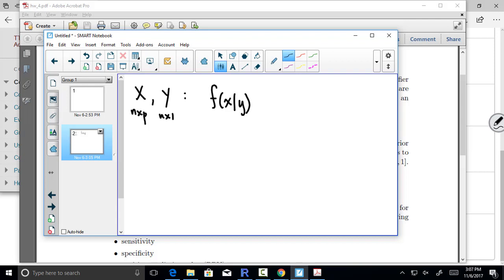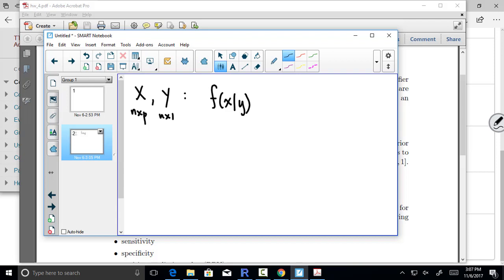Then we might say that we think for obese people, the distribution of BMI is such and such, normal, centered at a particular place with a particular standard deviation. And for those who are not obese, we think the distribution is normal again, but with a different mean, possibly even a different variance.